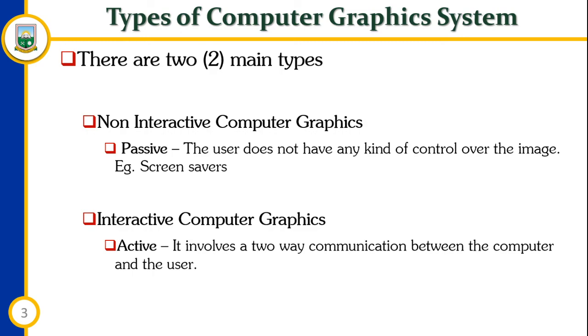A typical example of non-interactive computer graphics, which is passive, is the titles that are shown on our TV. For example, on our TV, we probably will be watching a program on TV3, where the titles or the information or the screen displays everything that is happening per the program.